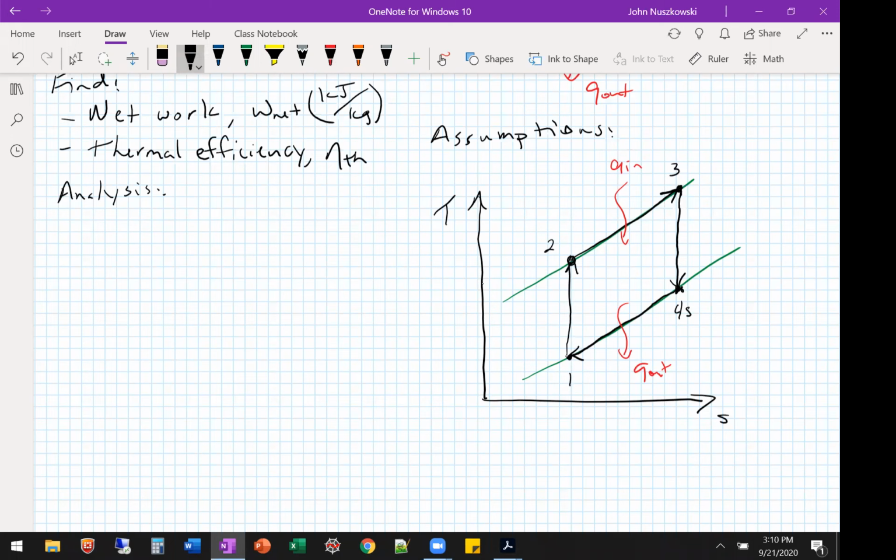The turbine, though, it says 4s, so that's because for actual, it is a little bit to the right because we have isentropic efficiency, so there's a little bit more irreversibility. That irreversibility is being generated in the turbine.